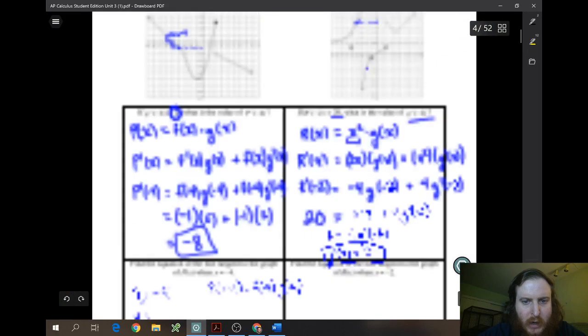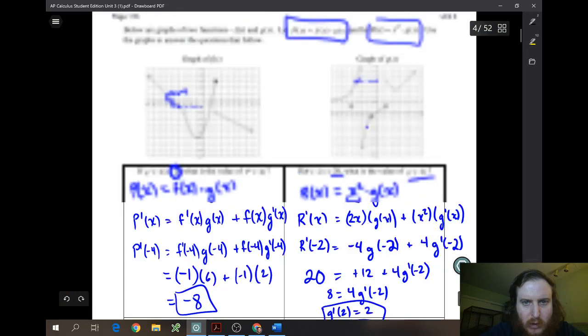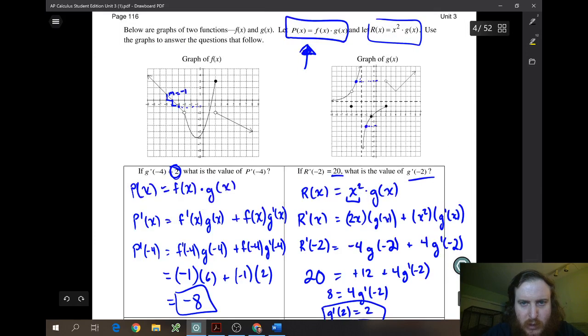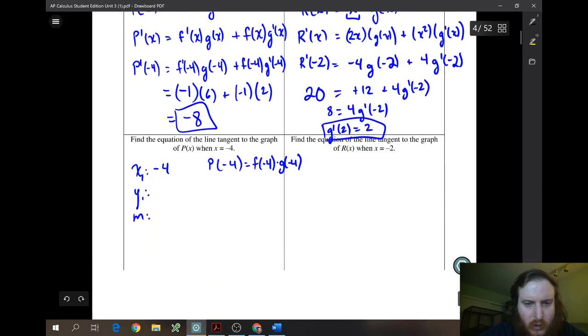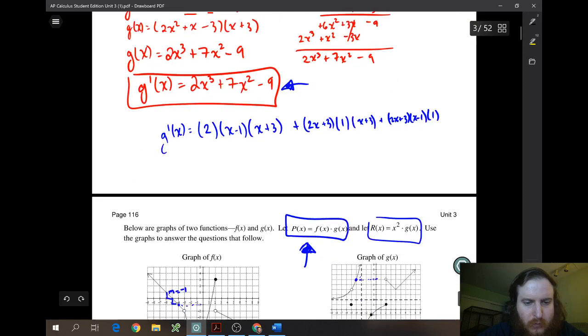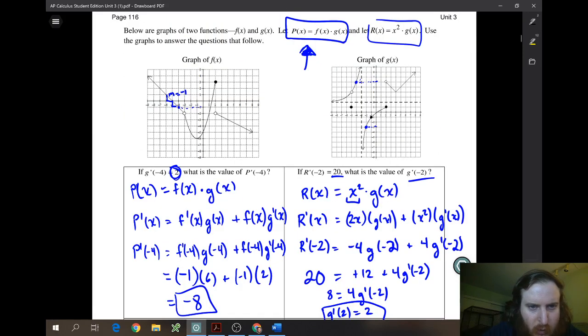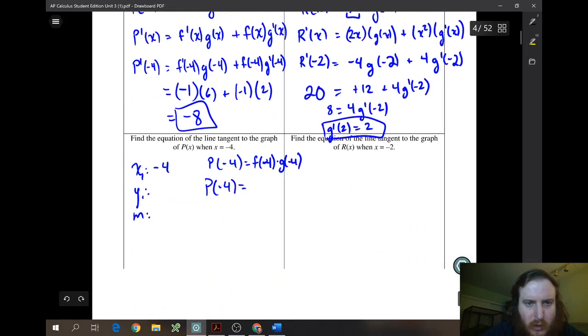The original p of x, right up here, was p of x equals f of x times g of x. So we need to be careful with writing functions this way. It's kind of called composition. So f of negative 4 is the y value. So looking on the graph, we said the y value was negative 1 for f and positive 6 for g of negative 4. So negative 1 times negative 6 gives us positive 6.